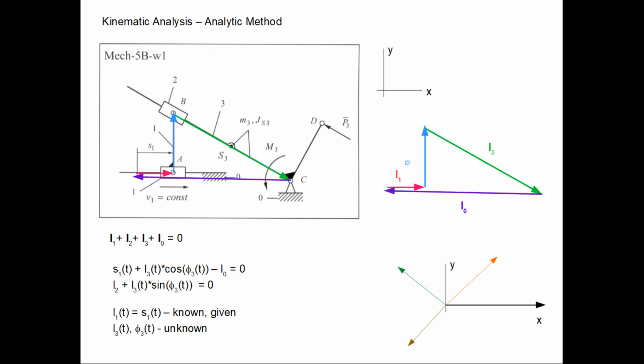But for the other cases, I wrote the L3 of t and cosine of phi3 of t specifically as a function of time, because we cannot forget that these are functions of time. Otherwise, we'll make a mistake in the differentiation of these equations. So as you can see, S1 of t equals L1 of t, which is known and given to us, but there are two unknowns: the L3 of t, the magnitude of this vector, and phi3 of t, which is the angle, which is also unknown.